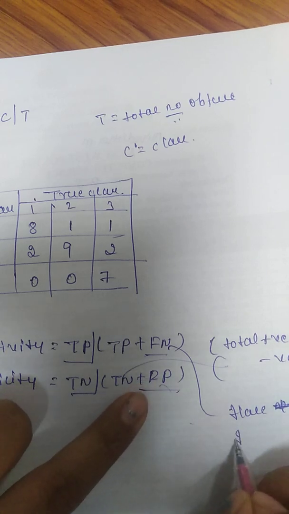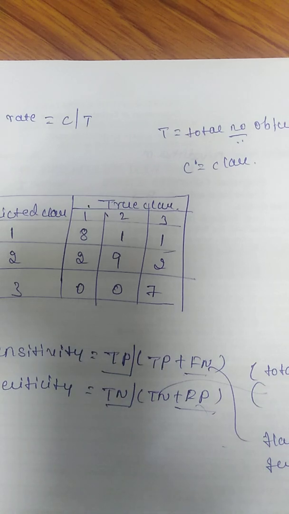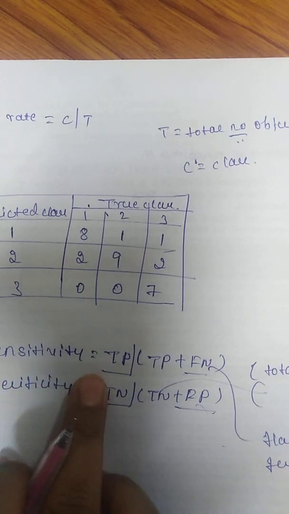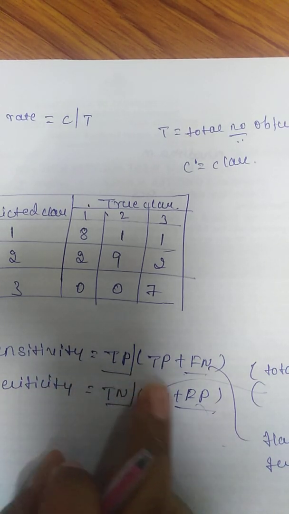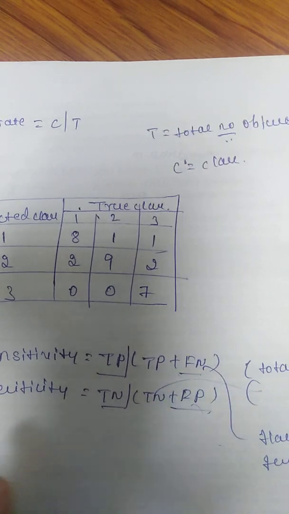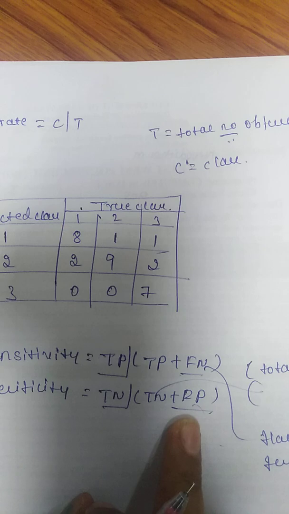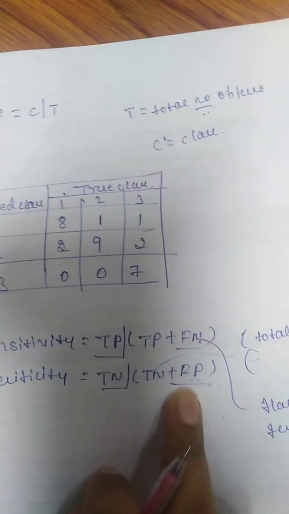FP means false positive value. What is sensitivity? Sensitivity is equal to TP divided by TP plus FN. Specificity means TN divided by TN plus FP. We can see here.